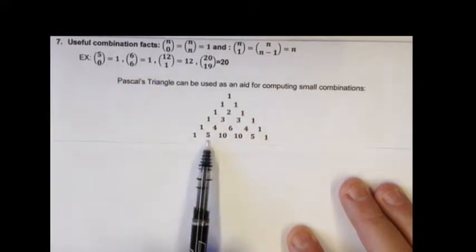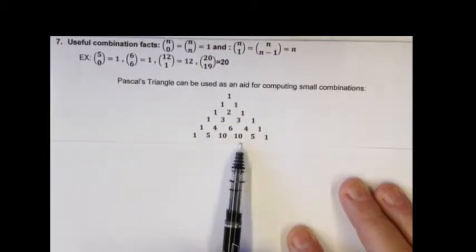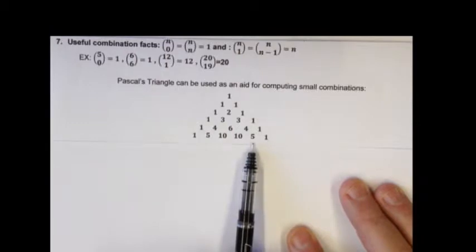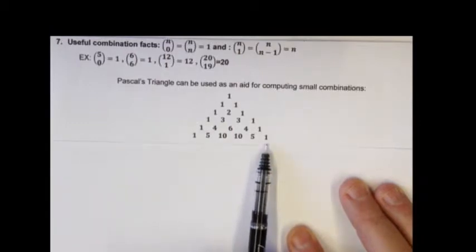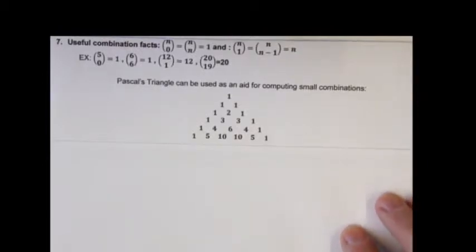This is 5 choose 1, which is 5. This is 5 choose 2, which is 10. 5 choose 3 is also 10. 5 choose 4 is 5. And 5 choose 5 is 1. And you can carry this triangle down as far as you want if you decide you want to use that for fairly small values. And of course you don't have to. You can use the calculator.